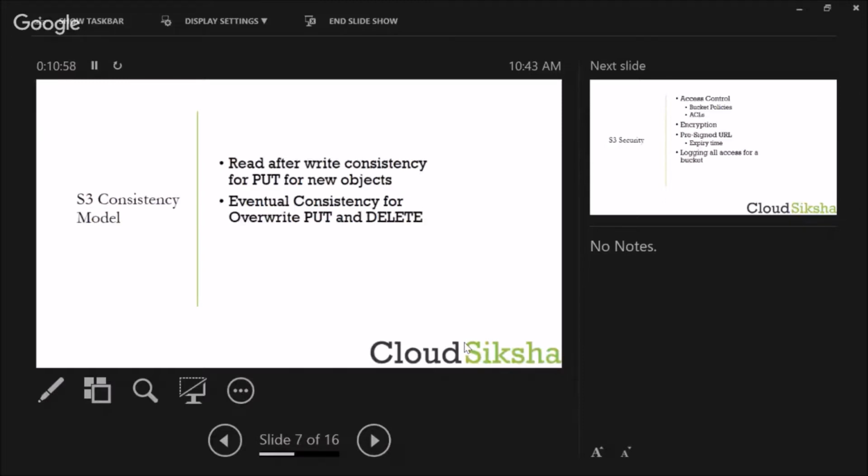The other question that generally appears in the exam is about the consistency model. What do you mean by consistency model? It means that once you put an object, is the object that everybody is fetching the same?